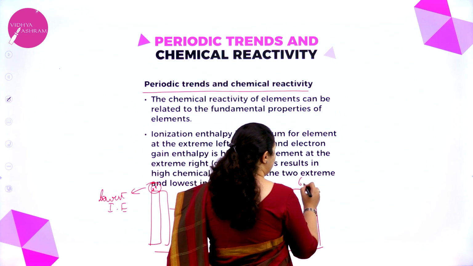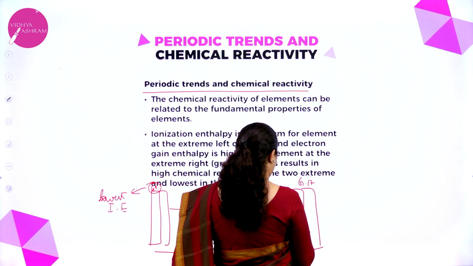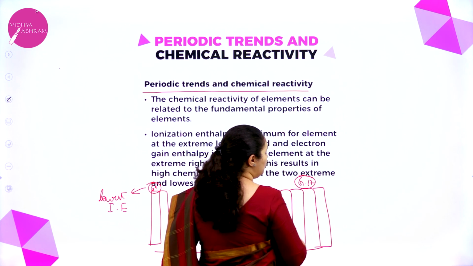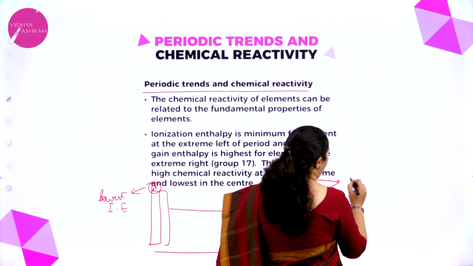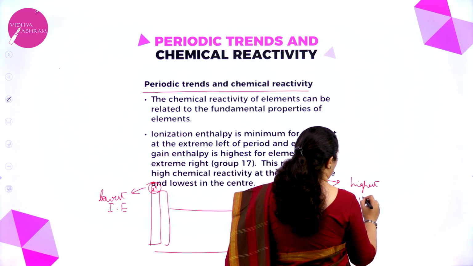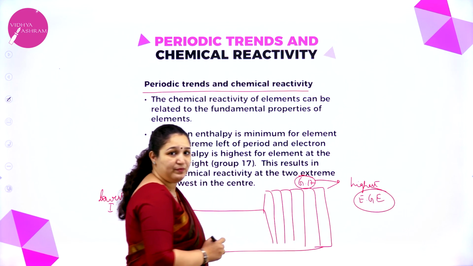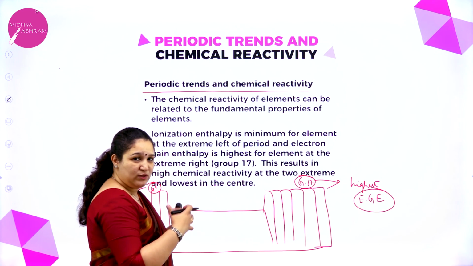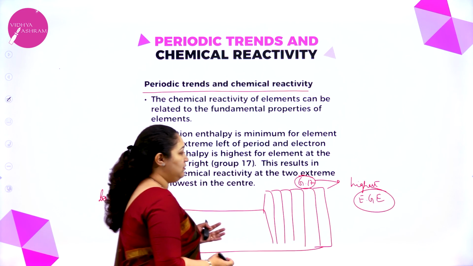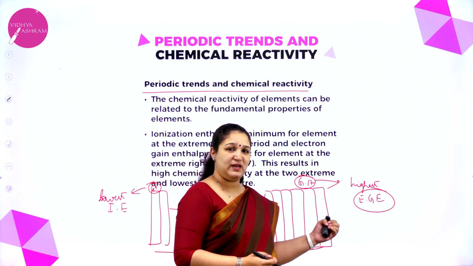Whereas if you take group 17, here you have one more, 18, but I am not taking 18. Group 17, if I take, they have the highest electron gain enthalpy. If you see both the extremes, these can lose electrons very easily, and these will accept electrons very easily.